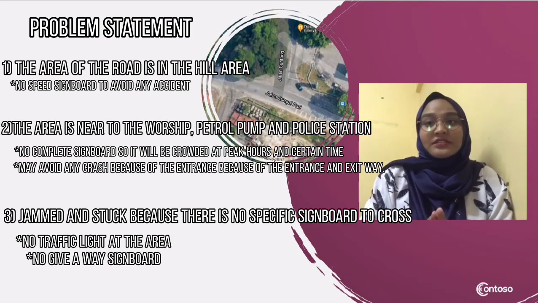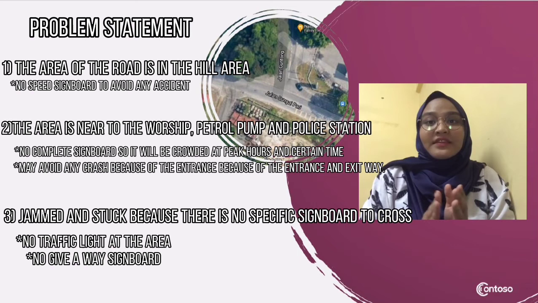From the junction that we chose, we can conclude that the traffic congestion can happen because of the place of worship, the petrol pump, and the police station, which are near to the area.